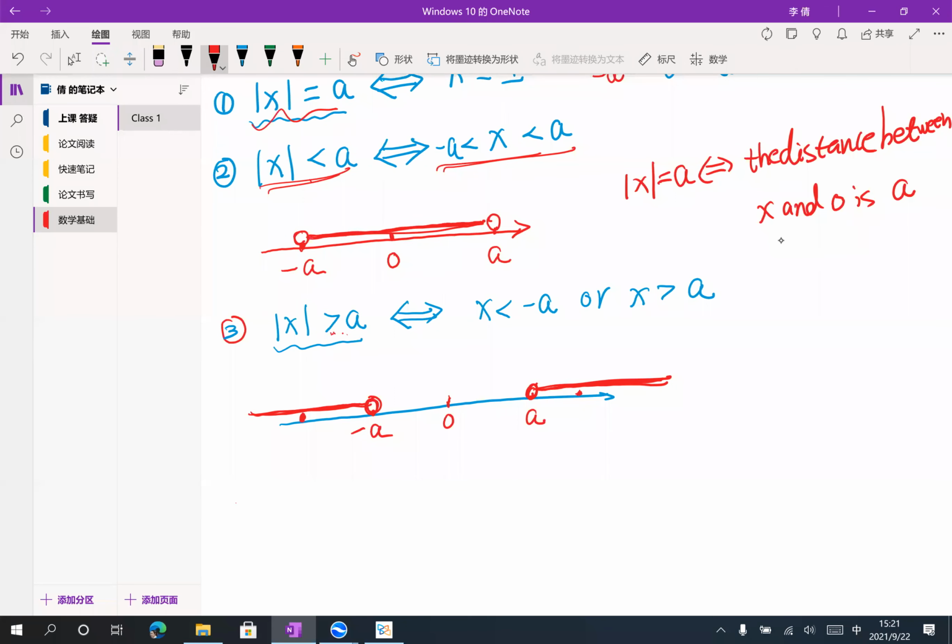And let's see the fourth one, the last but one.